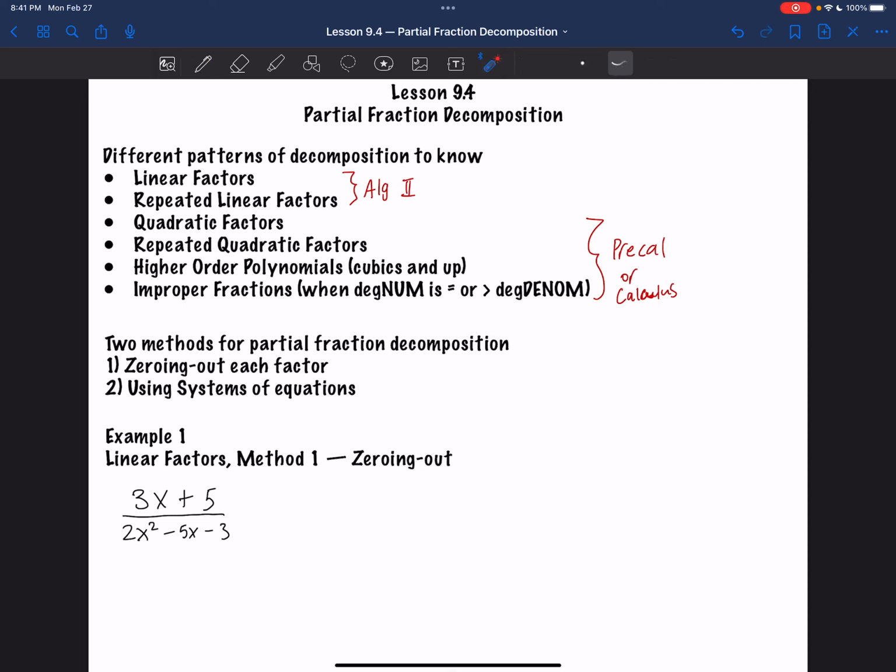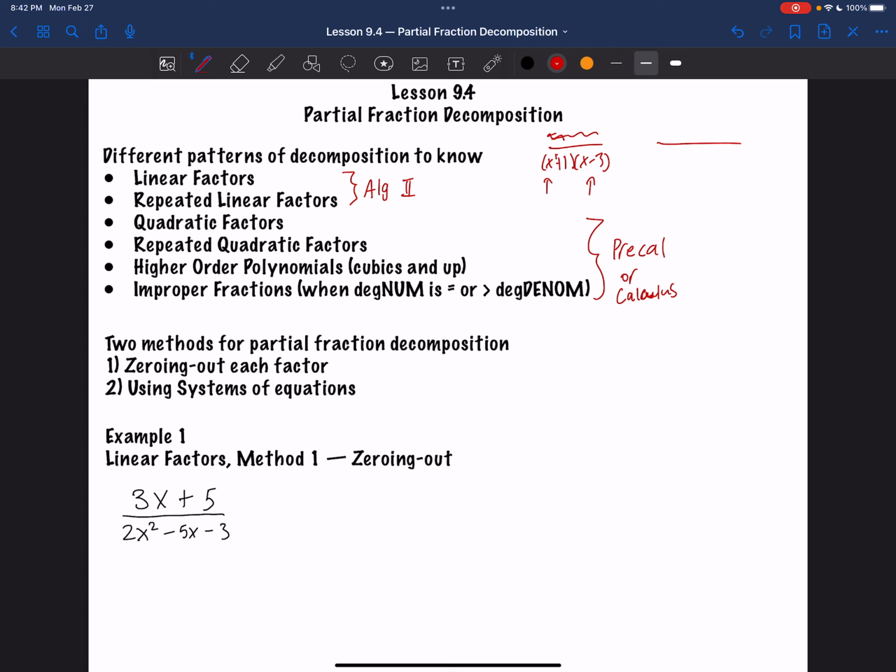A linear factor is, let's say I have x plus 1 and x minus 3. X plus 1 is a linear factor, right? It's a factor because it's in factored form, and the term is linear because the degree is 1. So both of these, x plus 1 and x minus 3, are linear factors.